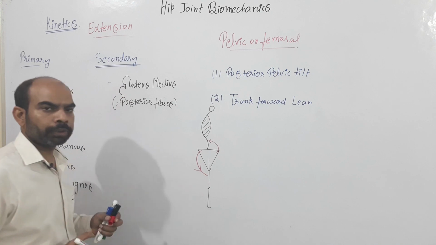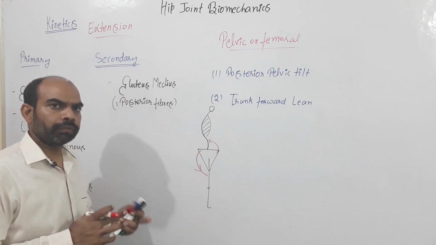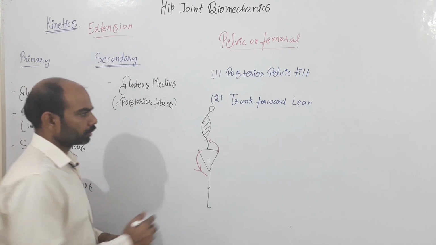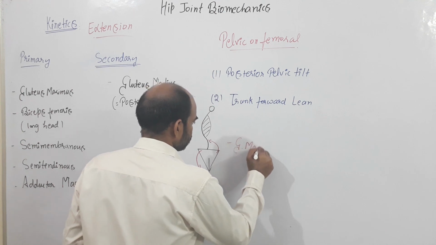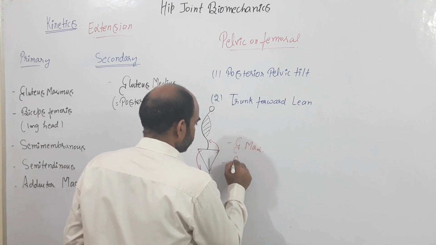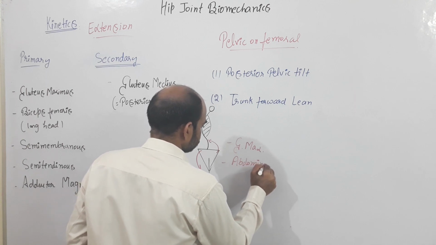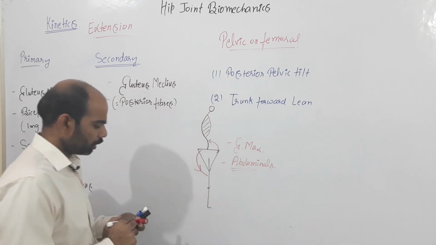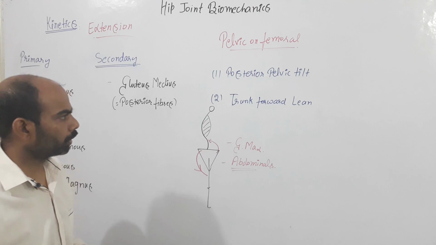The abdominal muscles from the anterior side and the glutes from the posterior side work together to rotate the pelvis in a posterior direction, producing posterior pelvic tilt.